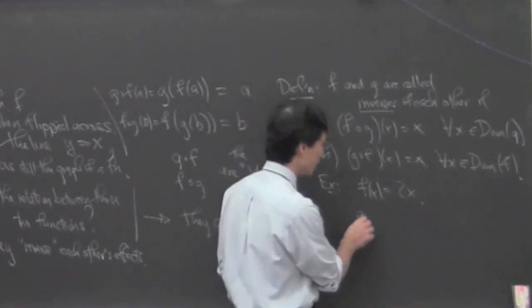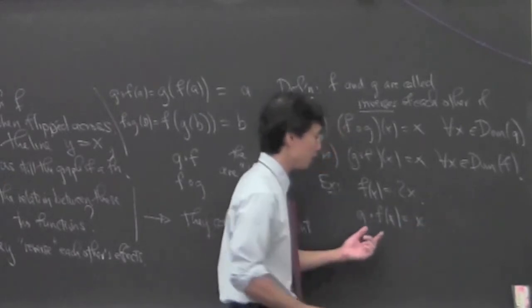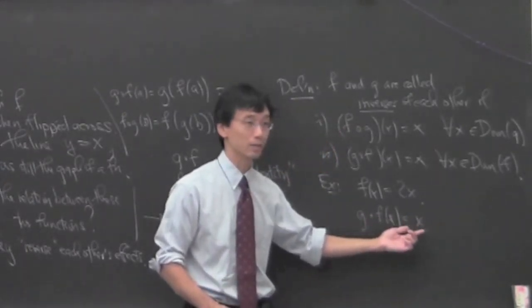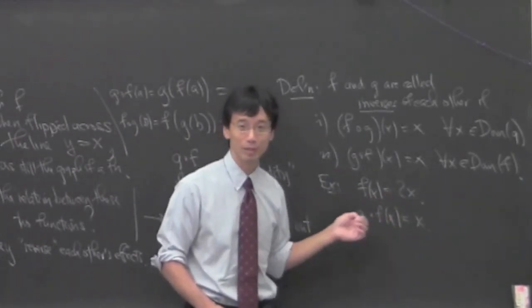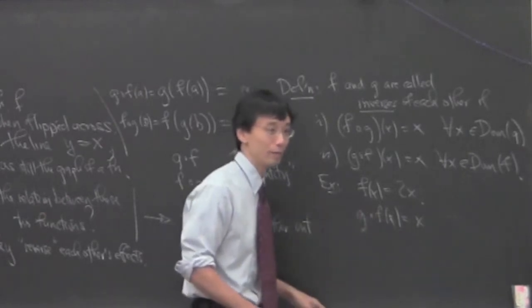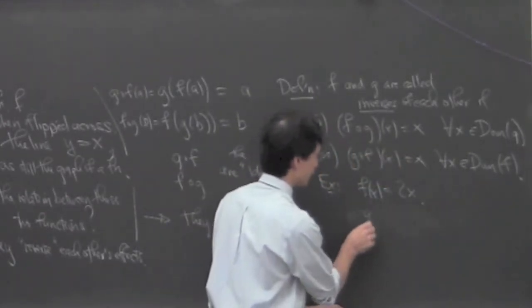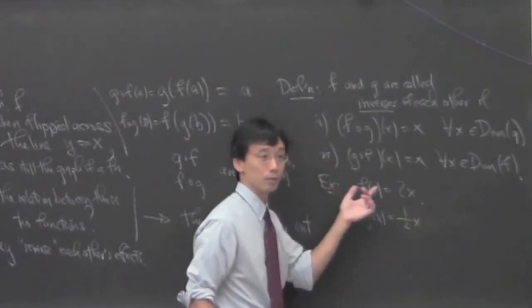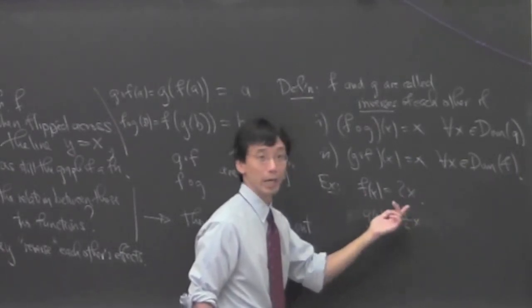So you want a g so that it takes the output and gives you back x. Takes 2x and returns x. Would it be half? Half, yeah, half x. So g of x being half x is the one that cancels this one: this guy multiplies by 2, this guy multiplies by half.